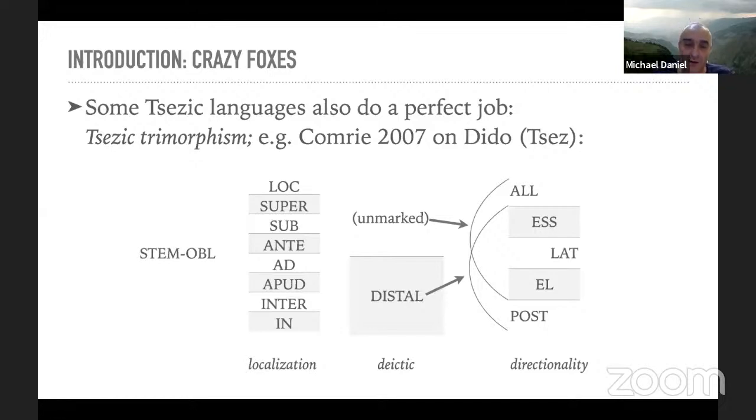If, however, you have used the distal marker, then you have to select from a different set, but not the elative. So there is some kind of close cooperation between two slots, which shows you that there is some kind of morphological boundedness, at least between these two slots.